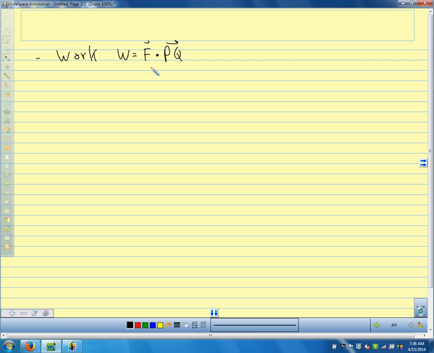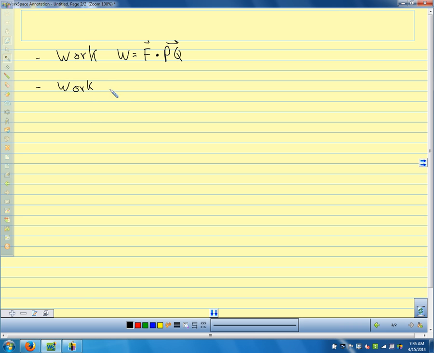And we said that the force only does work in the direction of motion. What we want to do now is find the work done by a force. So this is a particle moving along in a straight path. So we're going to think of what we're doing next as finding the work done by a force.